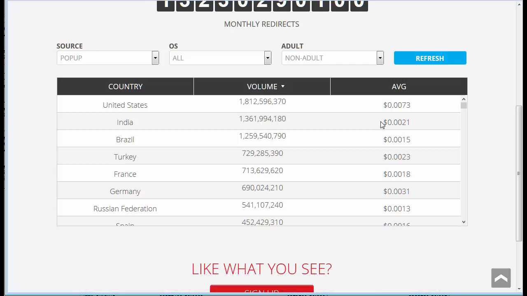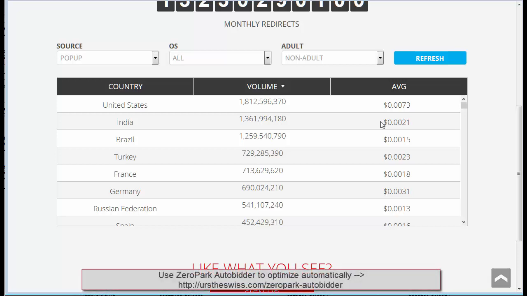Let's make another example. Let's say printing greeting cards. I would imagine that that keyword is much slimmer, has much less volume, and therefore it's likely that the average price in the campaign will not be indicated, or it could be indicated as 0.00.